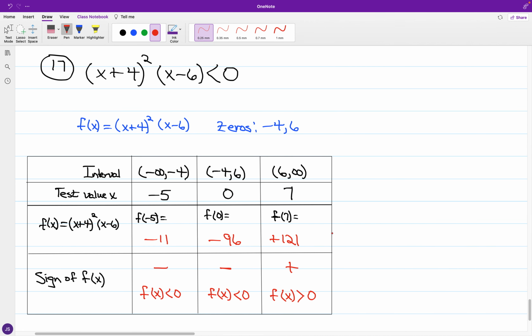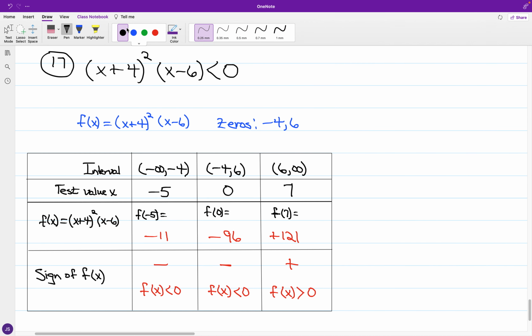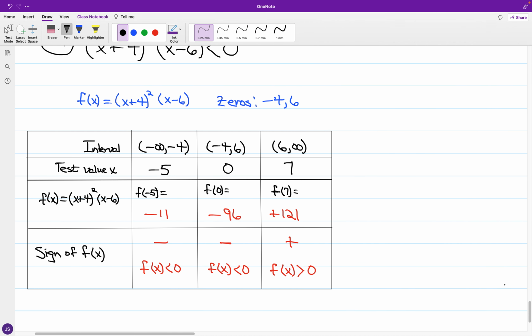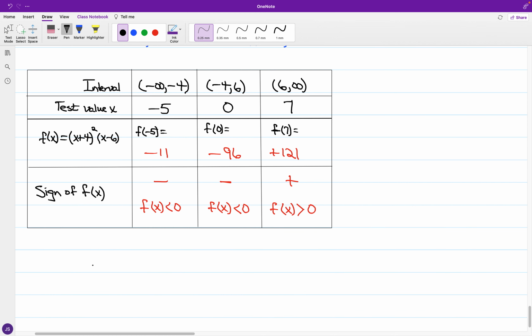So we have with our inequality, again, the square of x plus 4 times the quantity of x minus 6. And again, the problem was where we had to be less than 0.